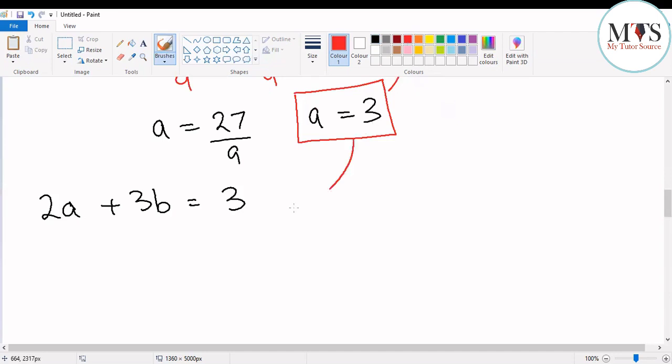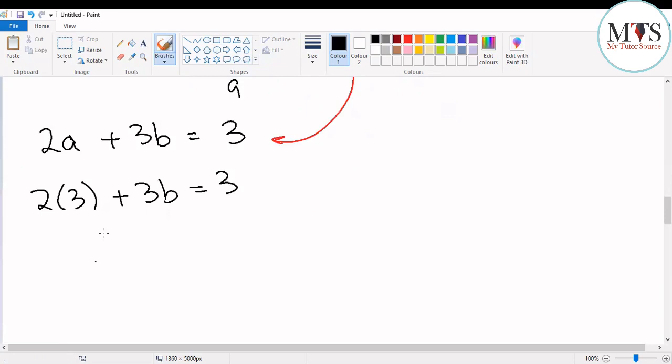So plugging it into this equation, you get 2 times 3, because a is equal to 3. And then the rest of it you just write as it is. So you're going to get 6 plus 3b equals 3.